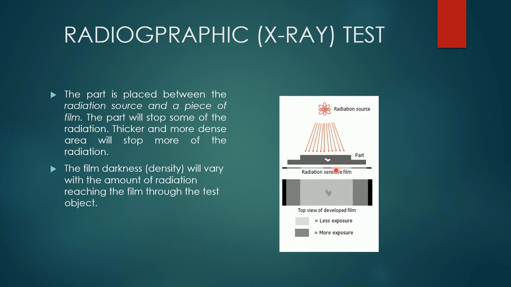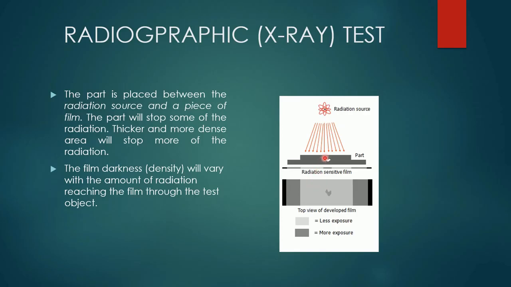When rays are thrown on the component from the X-ray source, they are absorbed equally in the whole area, and the image formed on the film gives the same intensity. But when there is any defect in the component, unusual absorption of the rays gives a change in intensity.